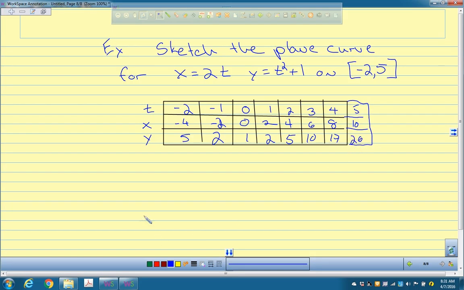All right? So if I'm going to graph this thing, you start by making a graph that kind of makes sense.